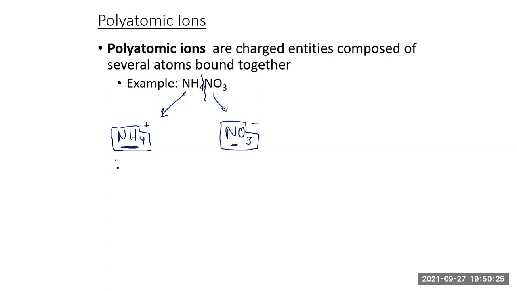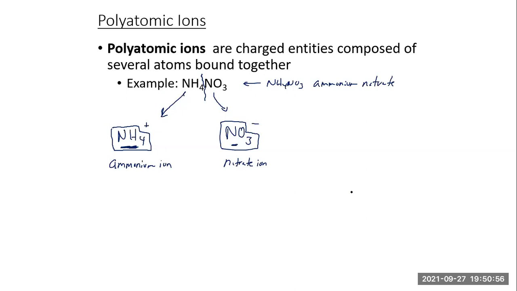This is what is known as the ammonium ion, not to be confused with ammonia that we just saw, which is NH3, no charge. This is the nitrate ion. And if we put both of these together, NH4NO3 would be called ammonium nitrate.